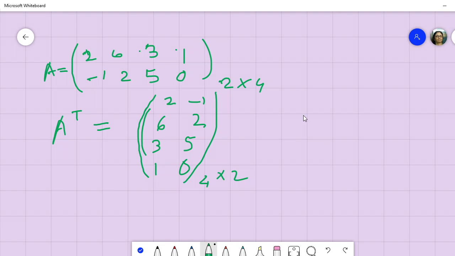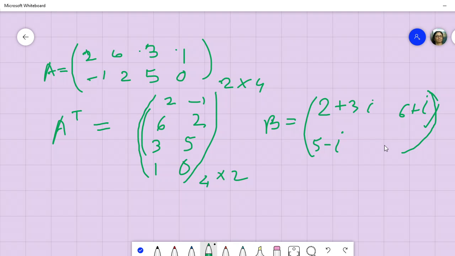And if there are some complex numbers, say B is equal to 2 plus 3i, 6 plus i, 5 minus i, minus 2i, and so on. Then what will BT be? We take the transpose.